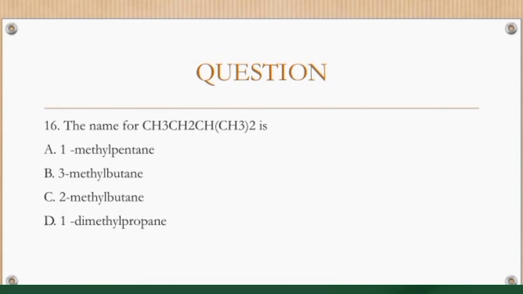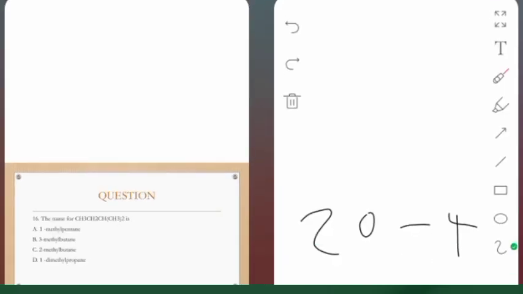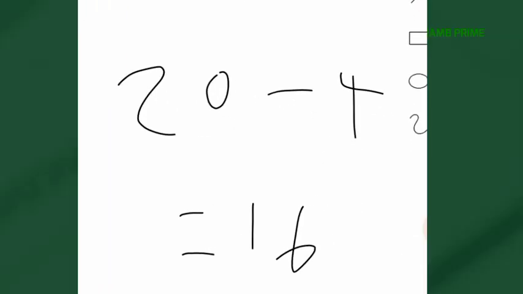In question number 16, this requires us to do naming of compounds. You can write it down so we can move to our whiteboard and see how we can do it.